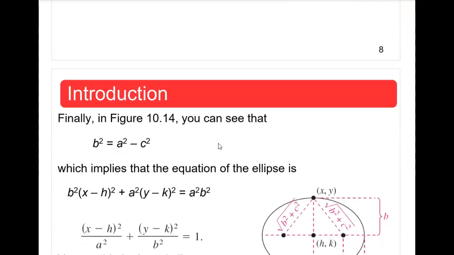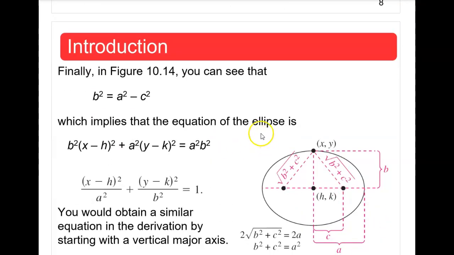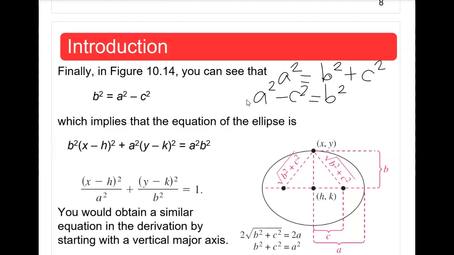And remember how we had this equation first, a squared is going to be equal to b squared plus c squared. So if we wanted to solve for b squared like we did previously, it will be a squared minus c squared. And so that is what we have here.